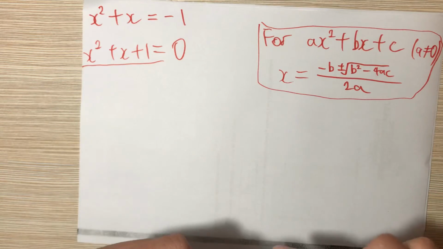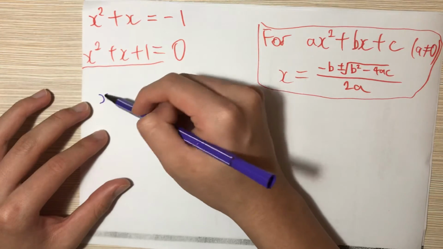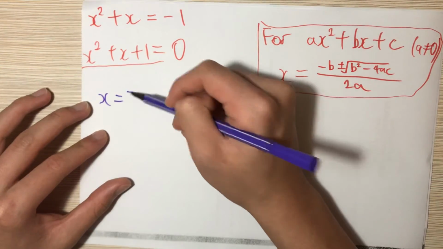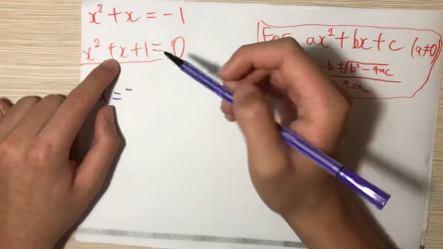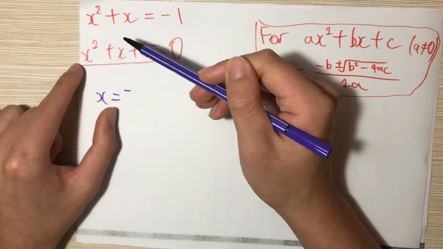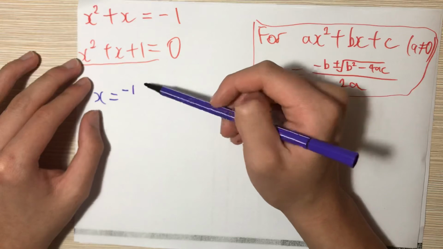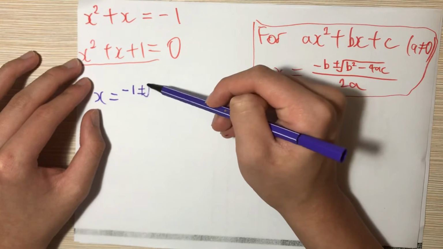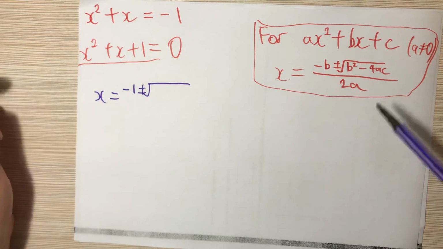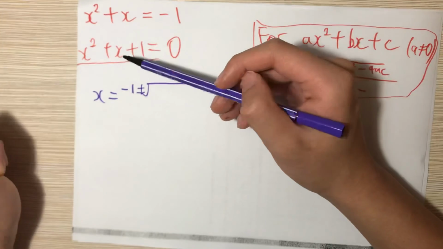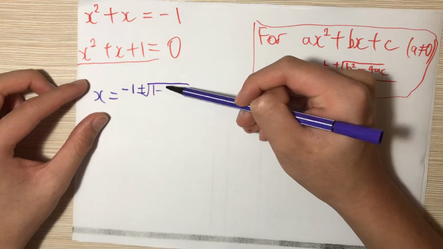We just plug in the a, b, c. We will get x is equal to negative b. We look at the b term. The coefficient is 1 because nothing is before x. It means that we have negative 1, plus or minus the square root of b squared. b squared is still 1, minus 4.